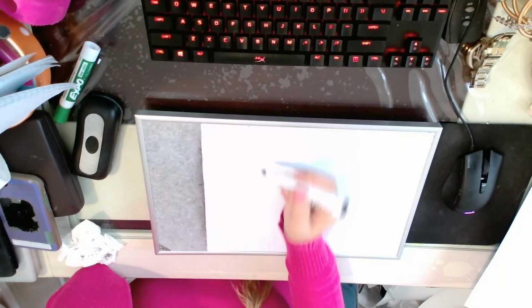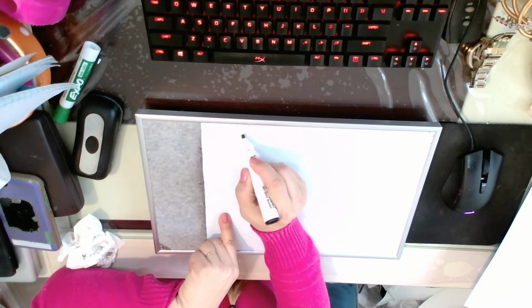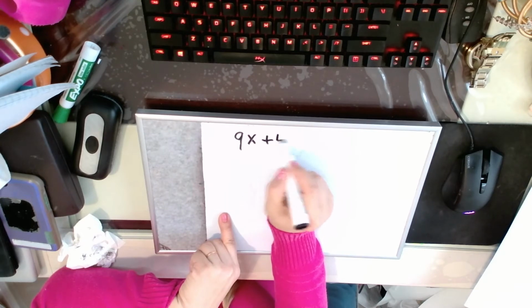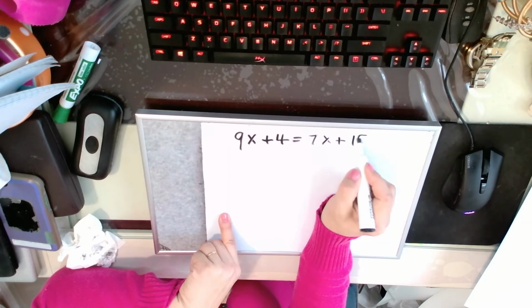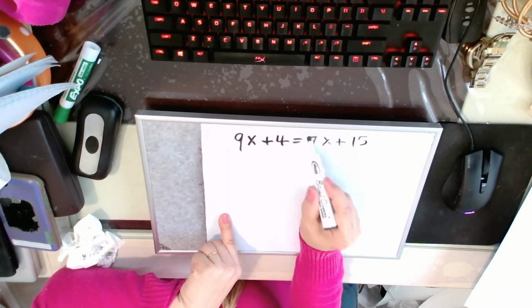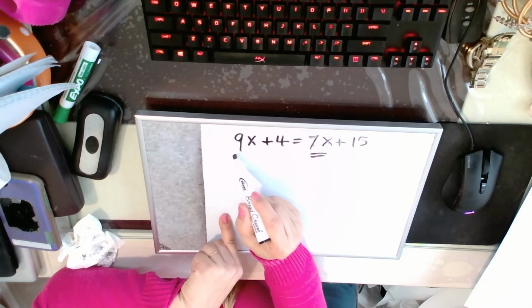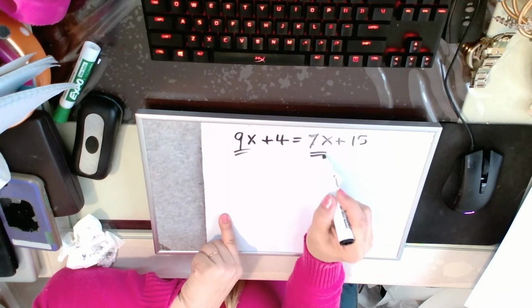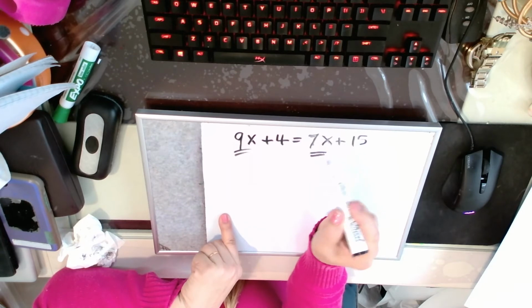Okay, so I have another way to solve the equation. Let's solve this one: 9x plus 4 equals 7x plus 15. Did you see we have 7x here and 9x here, but we want 1x, so we're going to move this, because we're going to find the value of x.